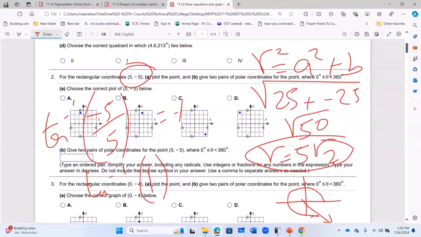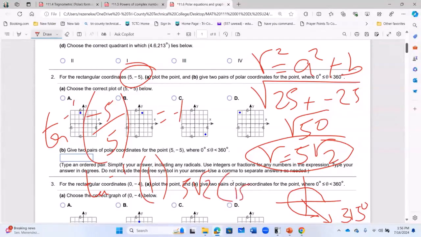In the fourth quadrant that is 315, I think. Yeah, it is 315 degrees. Okay, and then we can rewrite it as 5 root 2, cis 315.